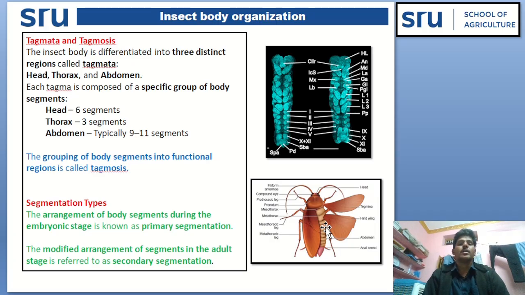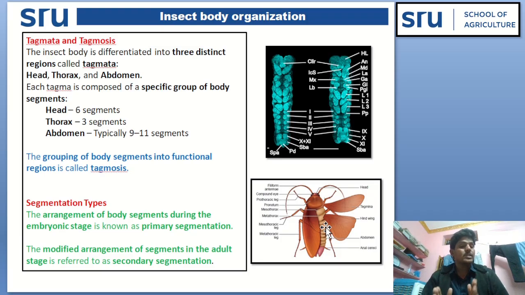Each tagmata or region is composed of a specific group of body segments. For example, head tagmata has 6 segments, thorax tagmata has 3 segments, abdomen tagmata has 9 to 11 segments.